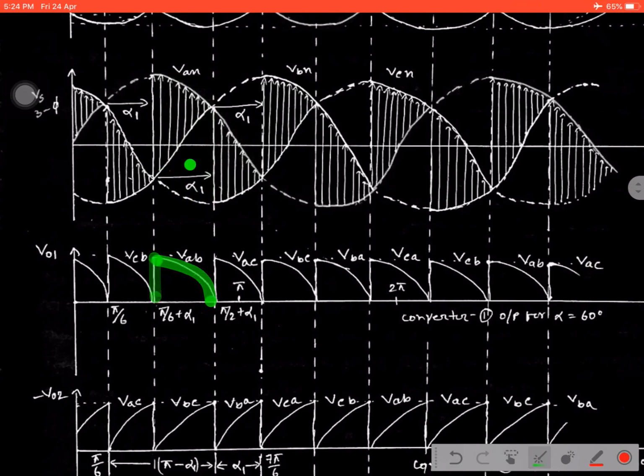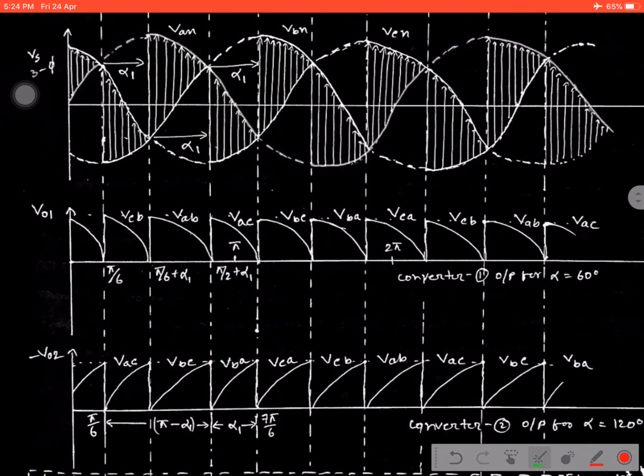Now when the second converter starts working in the same region, what will be the voltage appearing across the load? In a similar way, it is the potential difference between two phase voltages appearing across the load for the second converter. That is why we consider this region as VBN minus VCN. That means VBC.